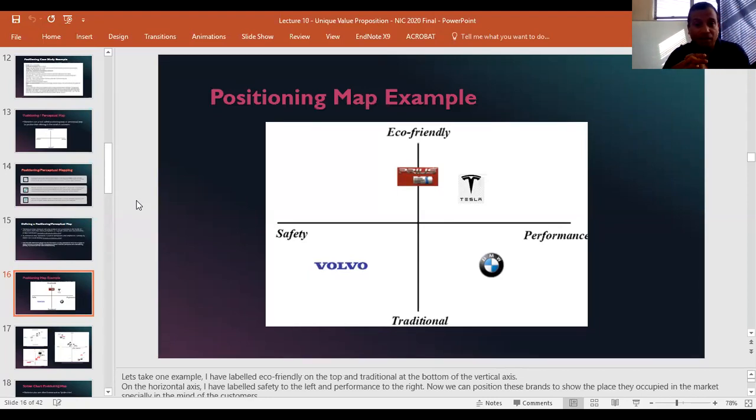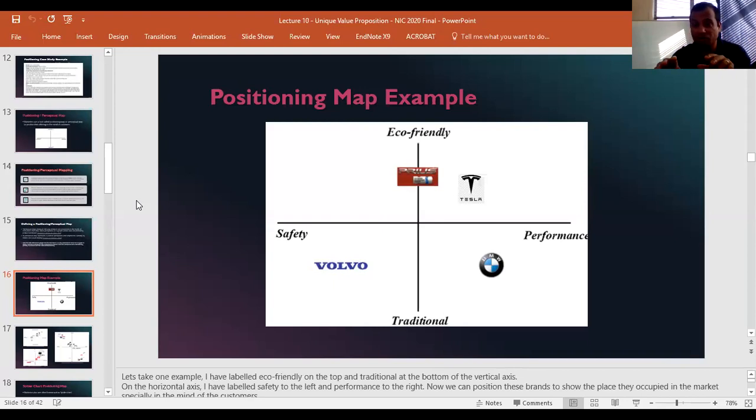So Volvo has positioned mostly on safety, but in traditional car manufacturing. Whereas BMW has positioned itself with better performance in the traditional car manufacturing sector. What about the Prius, which we have seen as a subsidiary of Toyota?